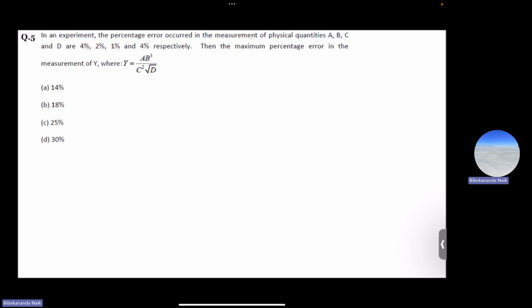Now I'll move to question number 5. Question number 5 says in an experiment, the percentage errors occurred in the measurement of physical quantities A, B, C, and D are 4%, 2%, 1%, and 4% respectively. Then the maximum percentage error in the measurement of Y, where Y is A B cube divided by C square root D. So again, there are 4 variables.